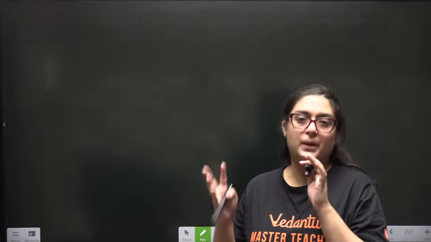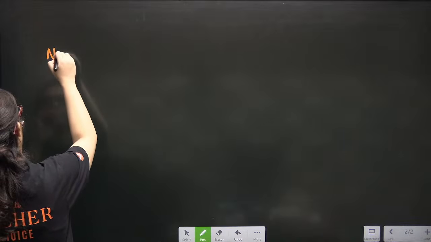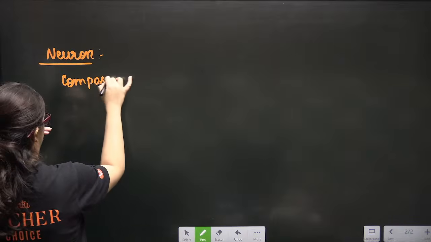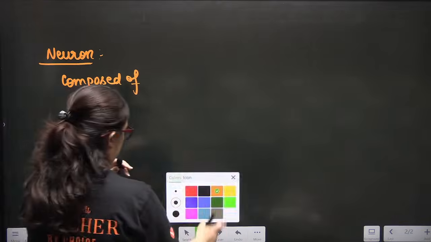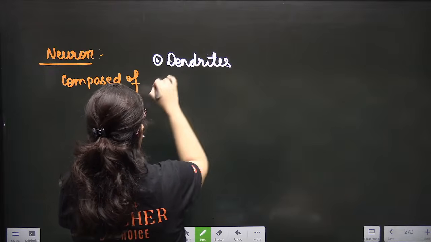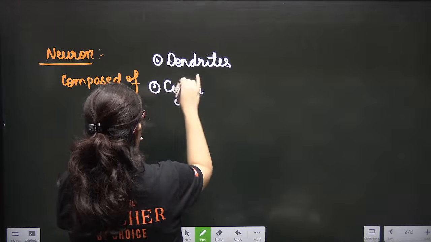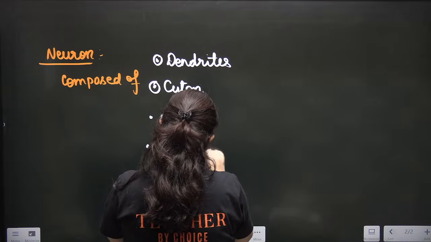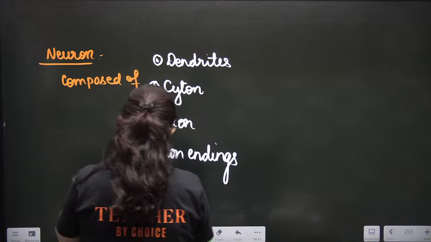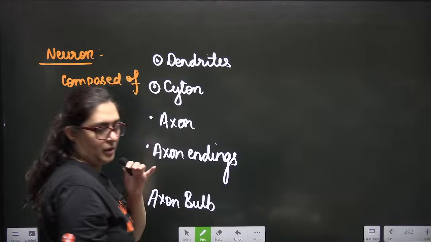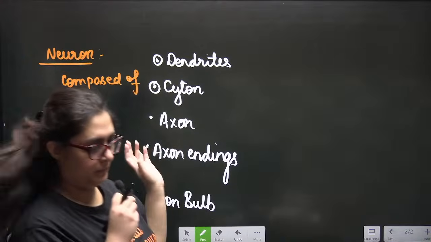It is a very complex structure, itself composed of many structures: dendrites, cyton, axon, axon endings, and axon bulb. Okay, done. Is it clear?